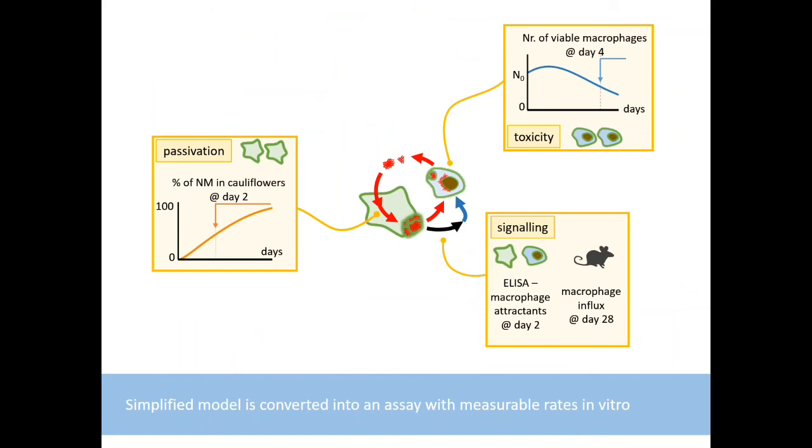So then what we did, we take 3 time points: the rate of passivation in the epithelial cell, the rate of dying macrophages, which we call the toxicity rate, and the signaling rate, which can be measured either in vitro or in vivo.